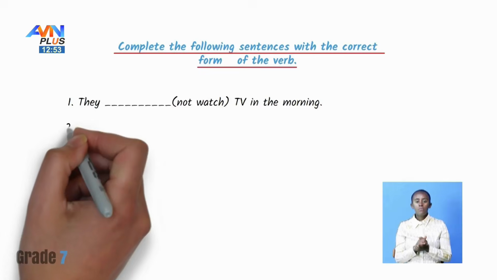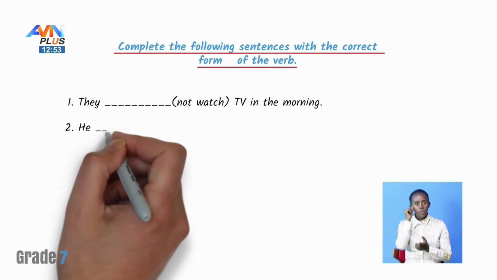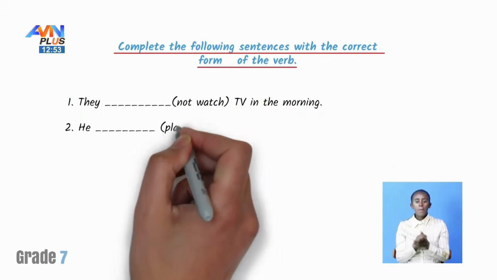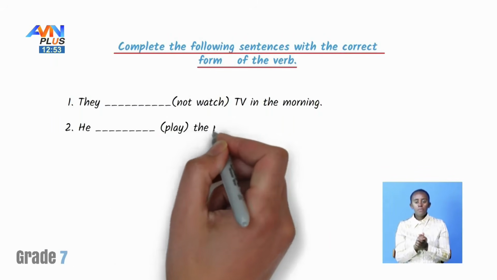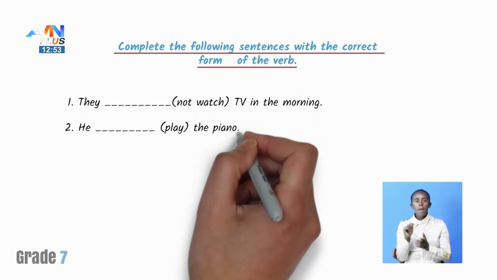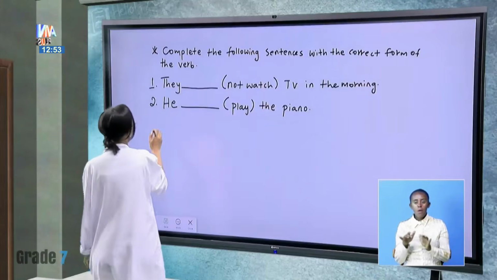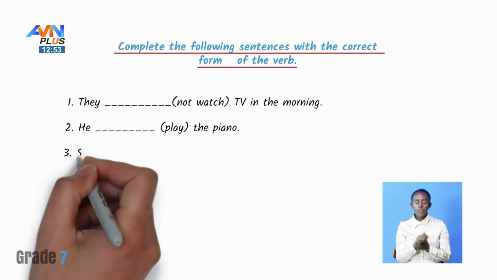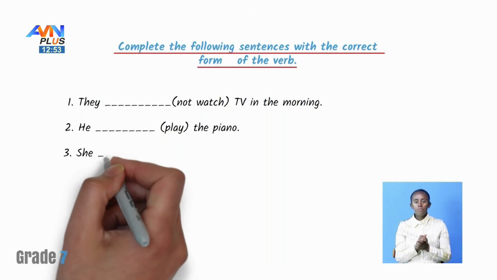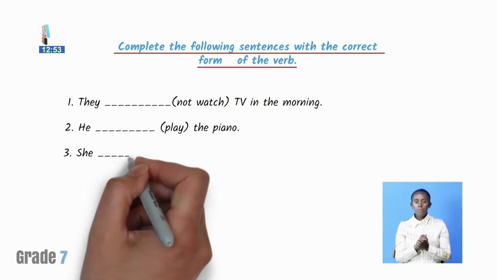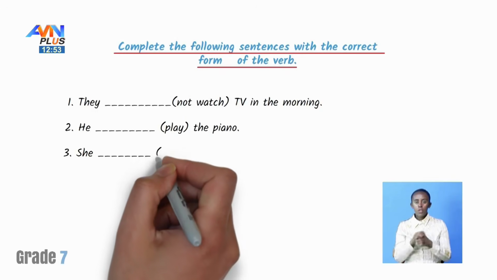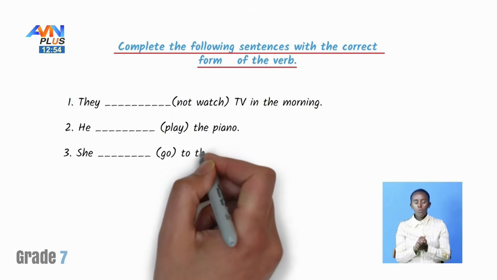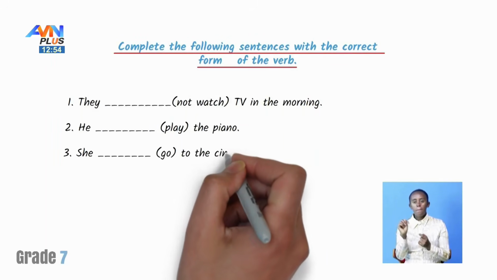Number 2, he, blank space, play the piano. Number 3, she, blank space, go to the cinema.